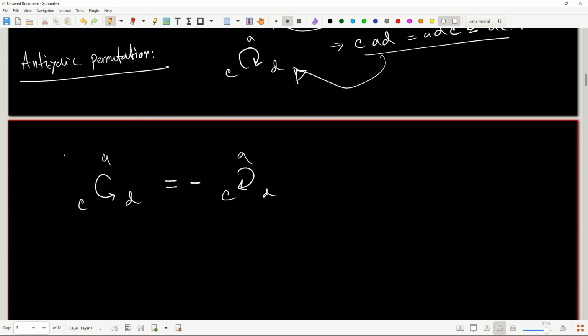This is a sort of shorthand notation for writing this. So this is what we mean by cyclic and anticyclic permutation.